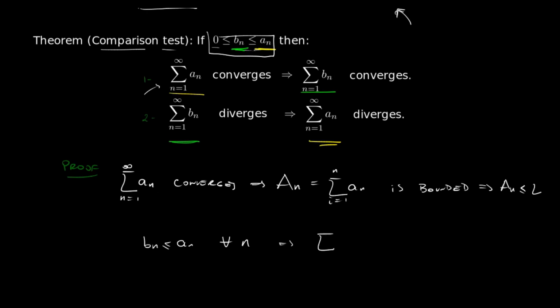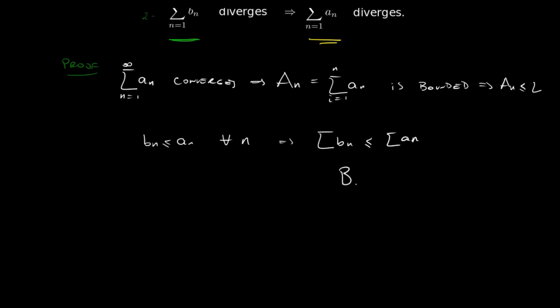So the sum of the elements of b sub n will be smaller than or equal to the sum of those in a sub n. And so the partial sum B sub n is smaller than or equal to the partial sum A sub n. And we said that A sub n was smaller than or equal to L. So then B sub n is also smaller than or equal to L. That is, B sub n is bounded. We also have that 0 is smaller than or equal to B sub n.